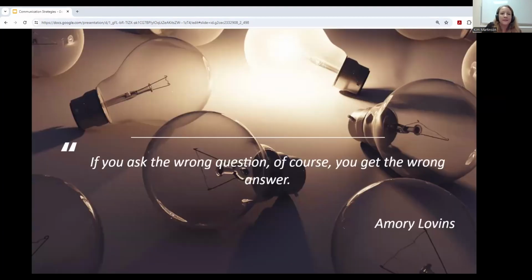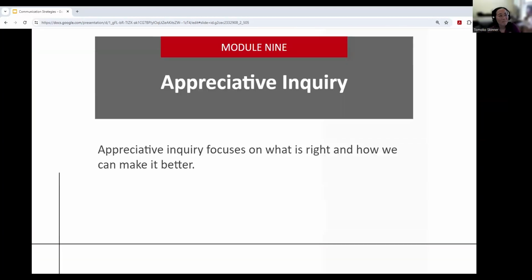Okay. Another quote. If you ask the wrong question, of course you'll get the wrong answer. Amory Lovins. Okay, back to you, Tomoko. Okay, thank you. Module 9, Appreciative Inquiry. So traditional communication often focuses on what is wrong and how we can fix it. Think back to your last performance review or visit to the doctor.